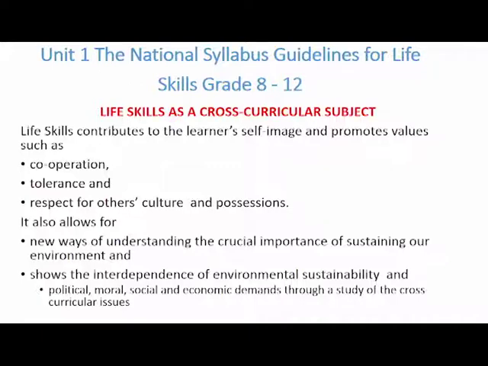As a cross-curricular subject, life skills contributes to the learner's self-image and promotes values such as cooperation, tolerance, respect for others' cultures and possessions, and it also allows for a new way of understanding the crucial importance of sustaining our environment.